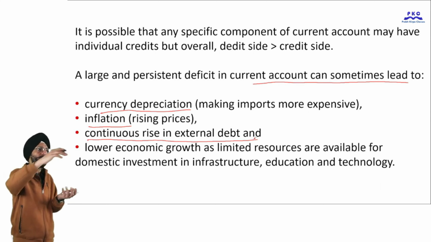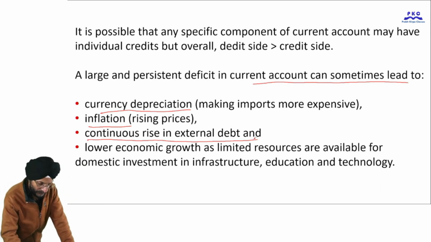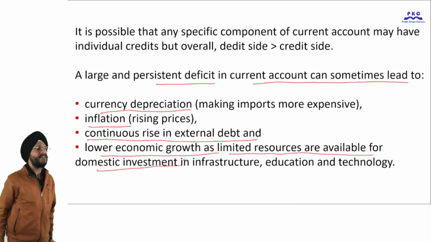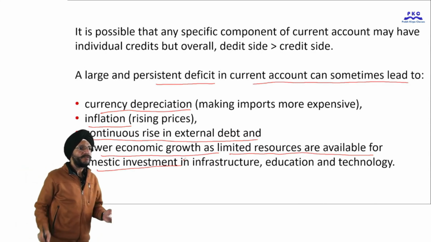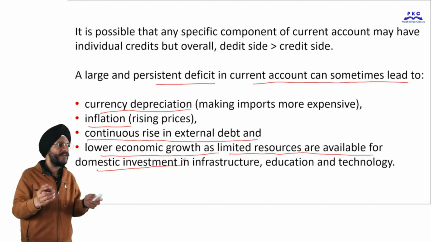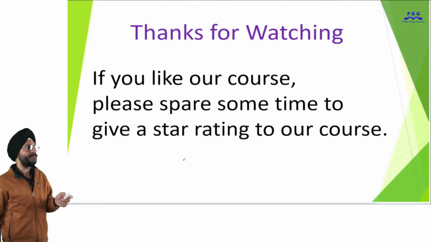It may continuously rise. A large and persistent deficit in the current account may also lead to lower economic growth, as limited resources are available for domestic investment, since no money is left for making investments in infrastructure, education and technology.